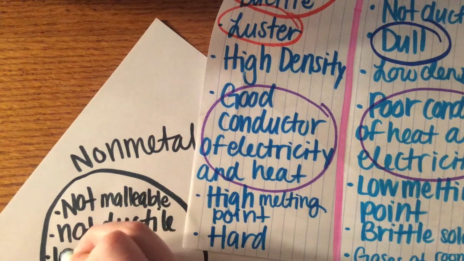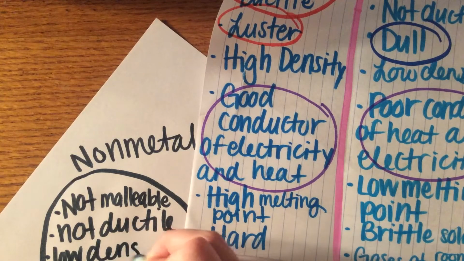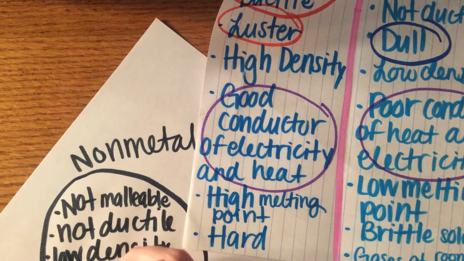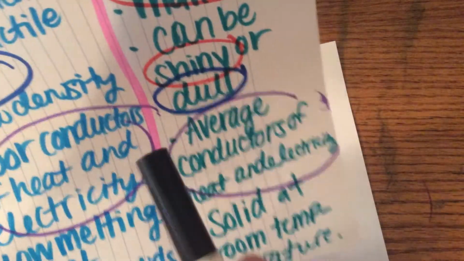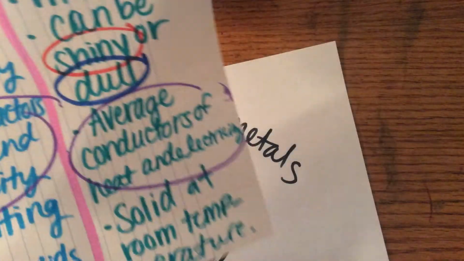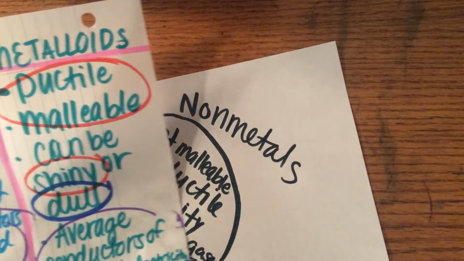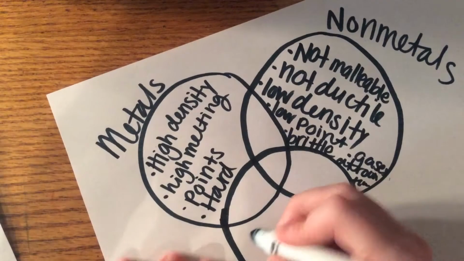Low density, low melting point, brittle, and gases at room temp. So this one is full. Now we will look at our metalloids and put those ones that are not circled into their individual box. So looks like the only one is solid at room temp.